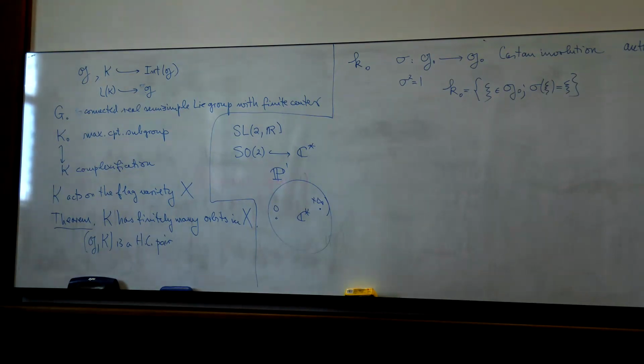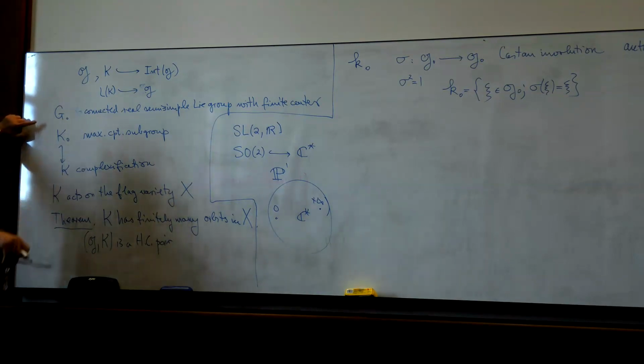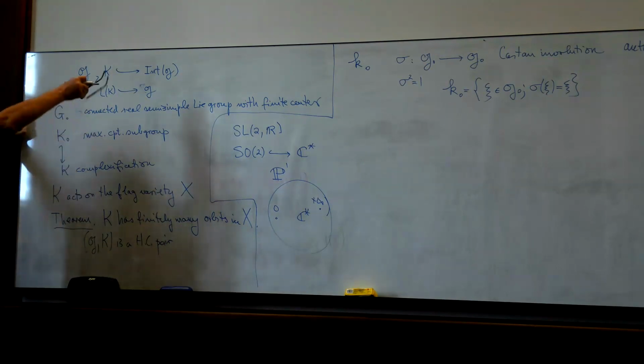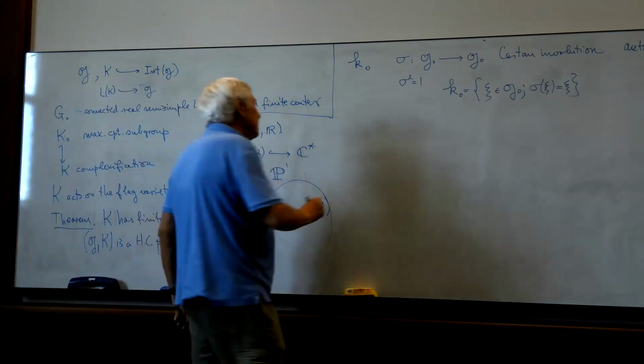And this will make our proof work. Basically, we can think of K as the fixed points of the lift of the Cartan involution to G, since central subgroups are irrelevant when we look at the action on the flag variety.